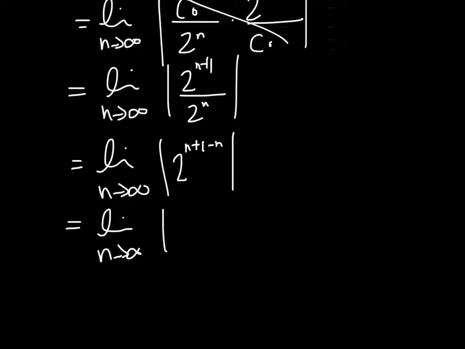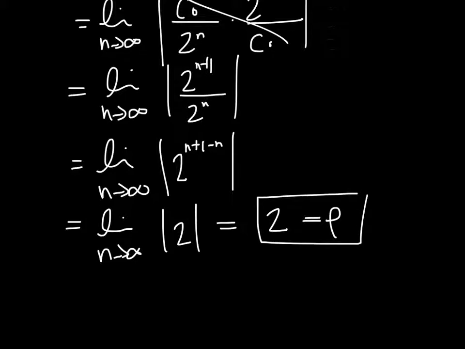And we are left with 2 to the, well, n minus n is 0, so 2 to the 1, or 2. The absolute value of 2 is 2, and the limit of a constant is just the constant. So that is our radius of convergence. Rho is equal to 2.